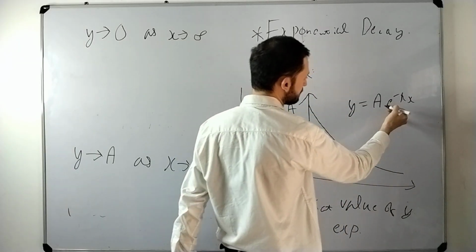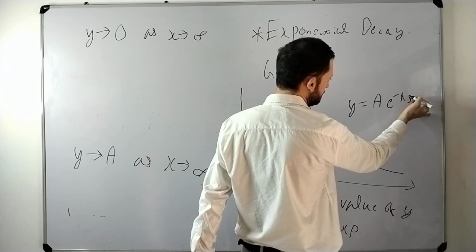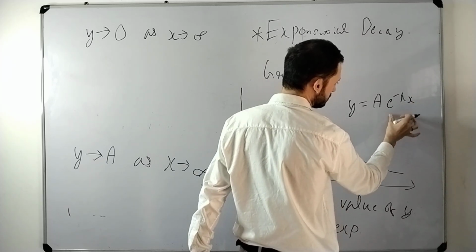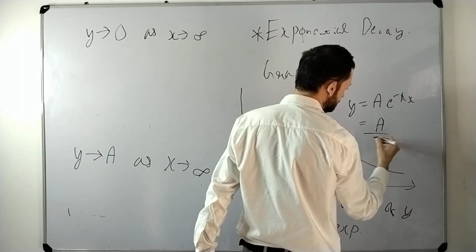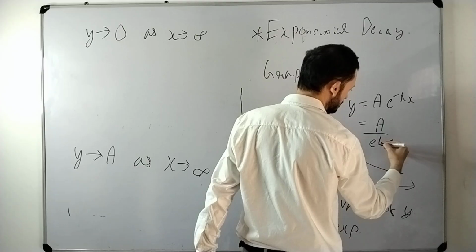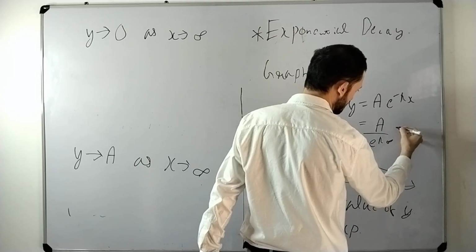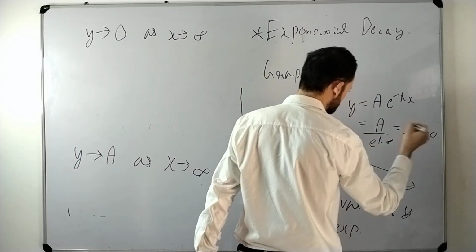Right, students? When you put x to be infinite, this value becomes 0. So I should write y equals e to the power minus k infinity, and this value is what? Infinite, and a upon infinite happens to be 0.